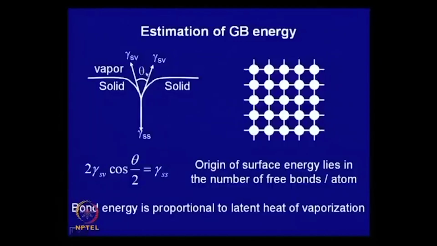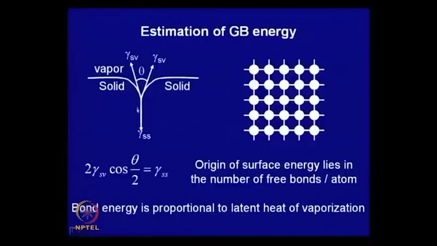And if you do this, this is the surface energy between solid and vapor. For any solid there will be some amount of vapor; thermodynamically, however low the vapor pressure may be, there may be some vapor in the environment surrounding it, and there is a stable equilibrium.